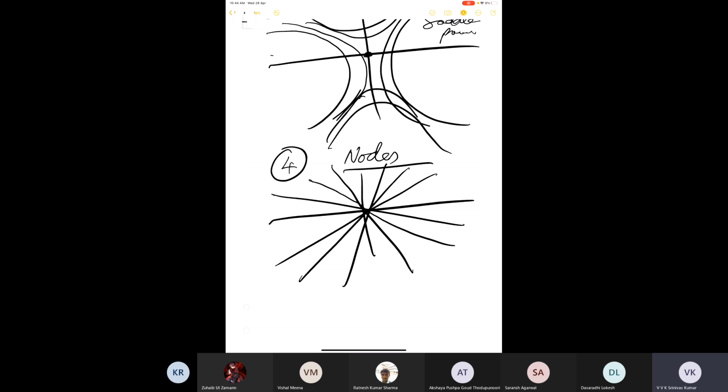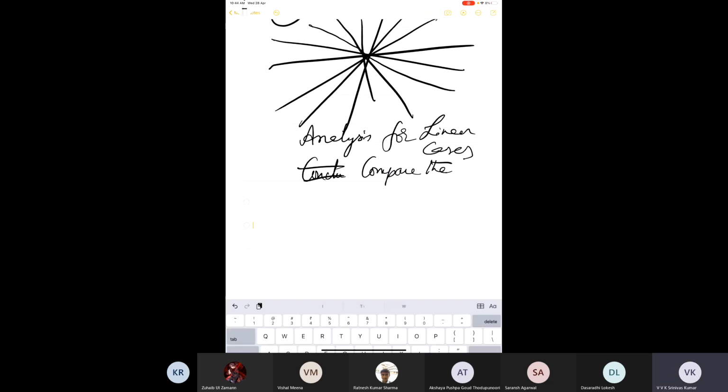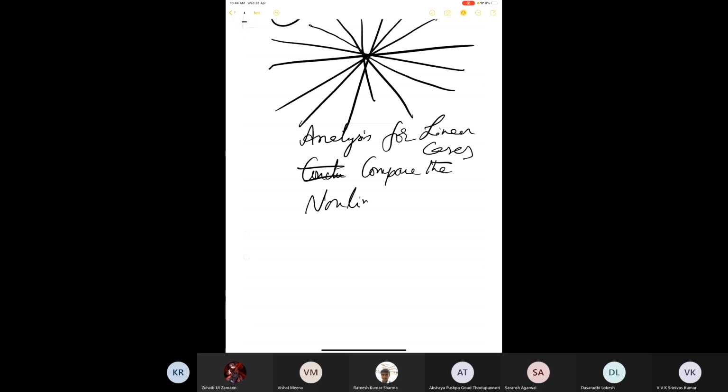Then finally, why we do the analysis for linear cases and make conclusions or compare the nonlinear ODEs with linear behavior, linear ODE cases. Okay.